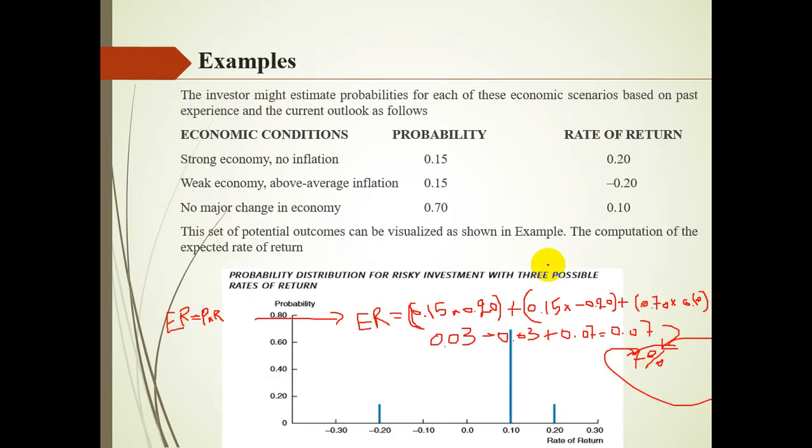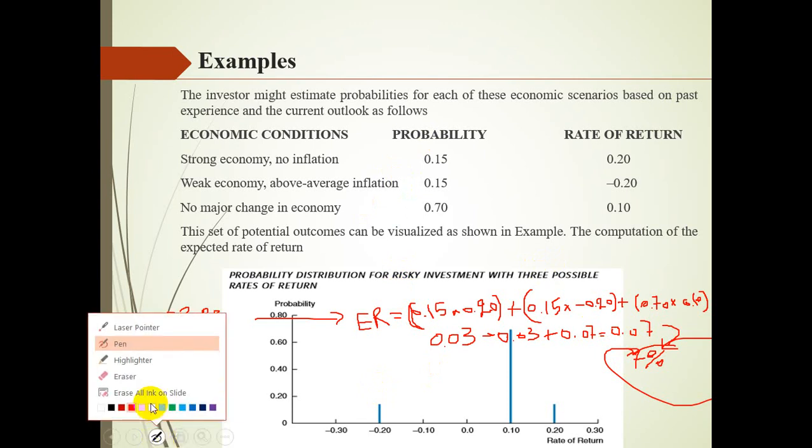If you see the second example, I have calculated that the expected return is 7%. So how to calculate variance? We have a symbol for the variance like this.